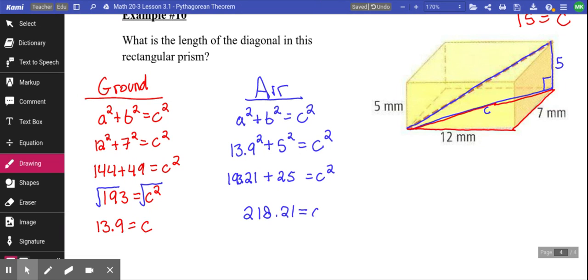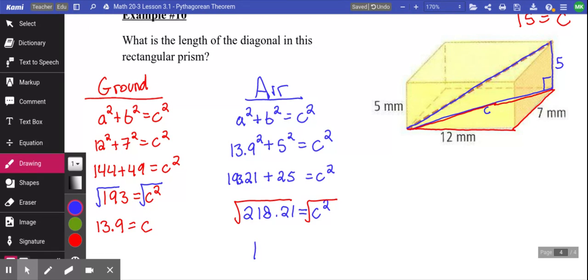And what's your last step always in Pythagorean theorem? You have to always square root, to give you an answer of 14.8. And that's my final answer because that is the distance they wanted to know. They wanted to know that diagonal. That diagonal is 14.8.